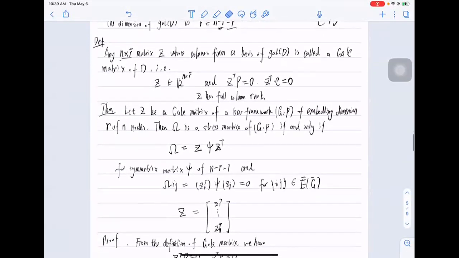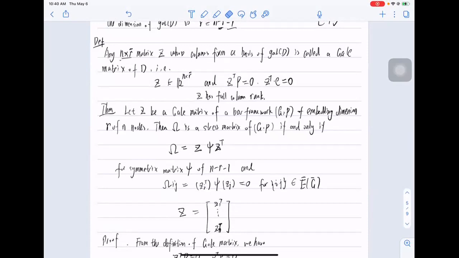Now there's a connection between the Gale space, Gale matrix, and the stress matrix. Let Z be the Gale matrix of the bar framework GP of embedding dimension R with n nodes.